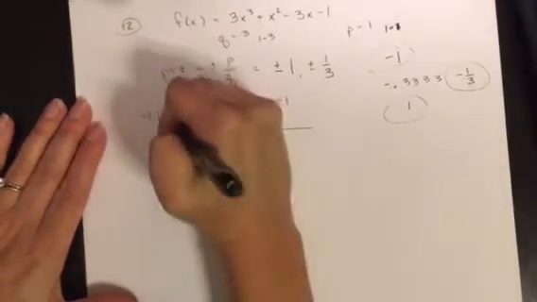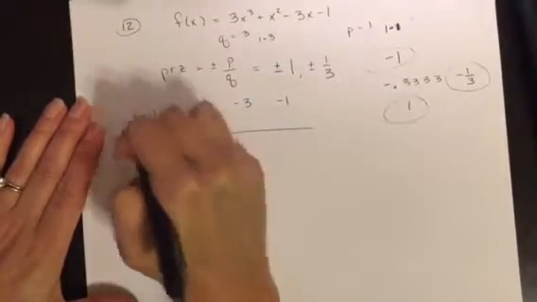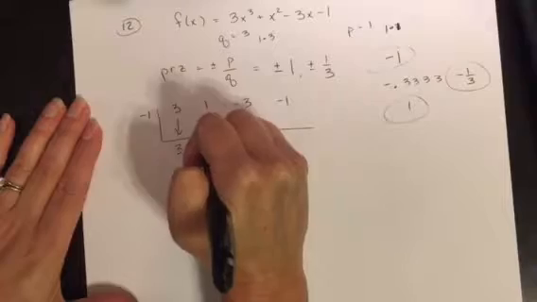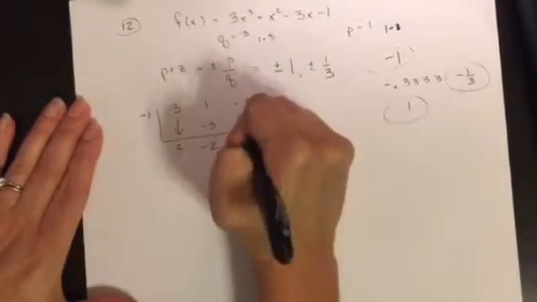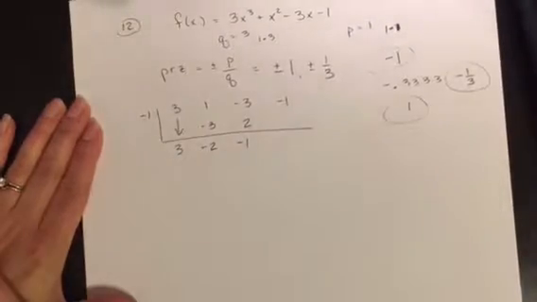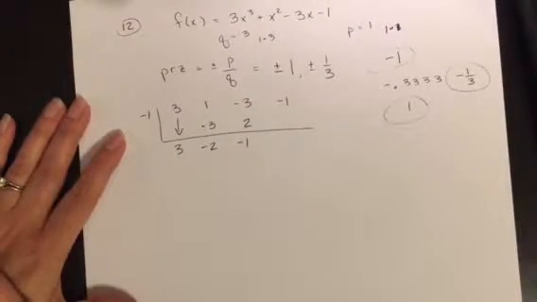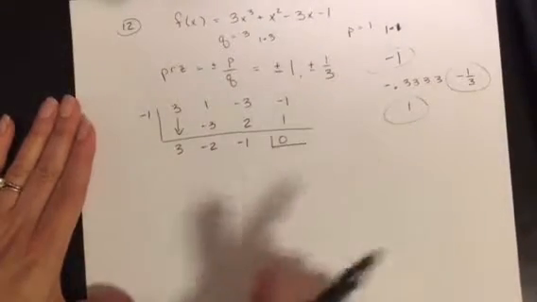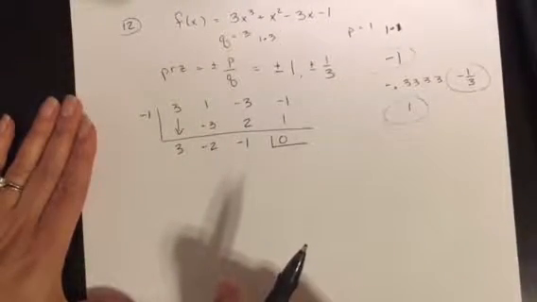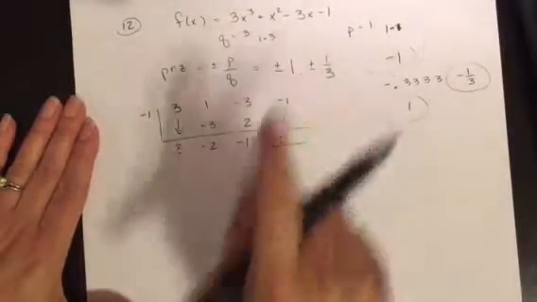So let's go ahead, bring down our 3. So -1 times 3 is -3. That gives me -2. -1 times -2 is +2. That gives me -1. -1 times -1 is +1. That gives me 0. So -1 is a rational root of this polynomial.